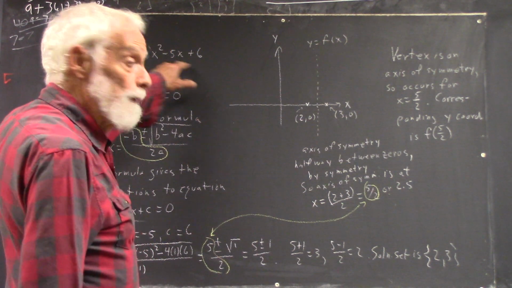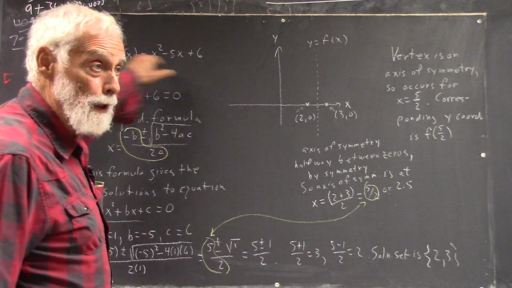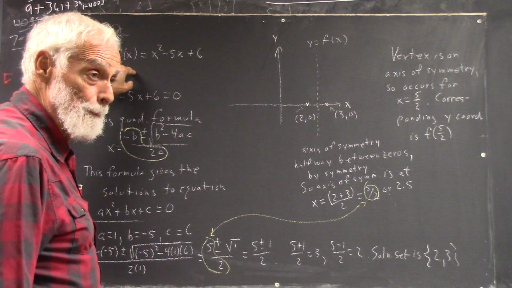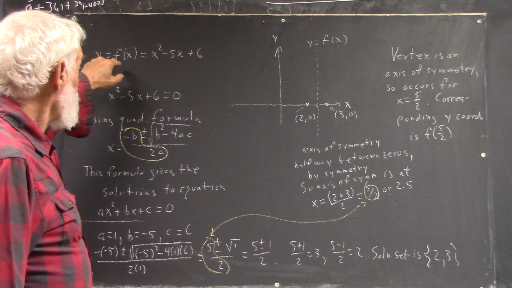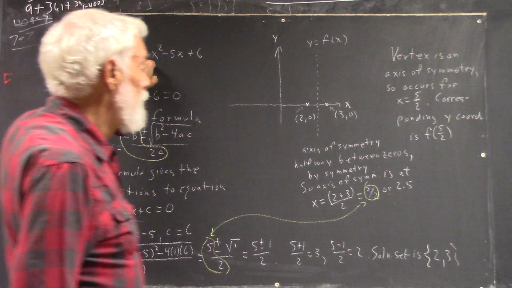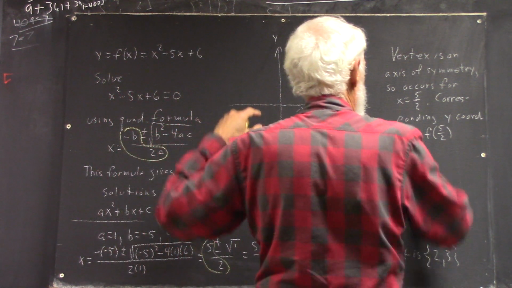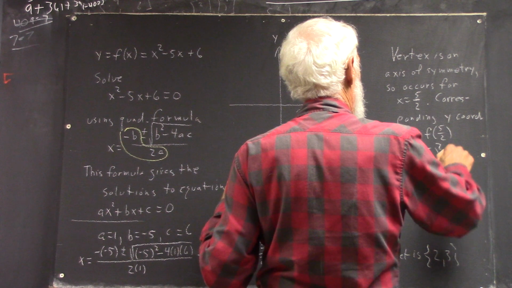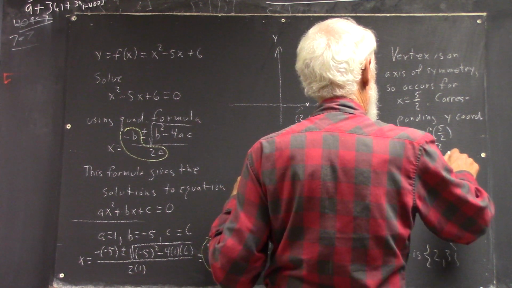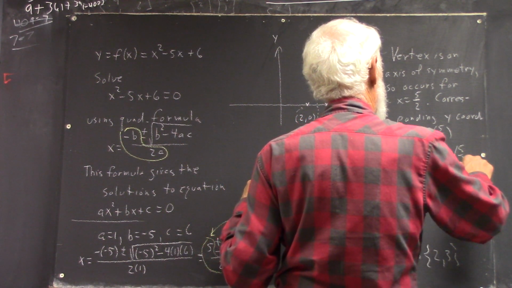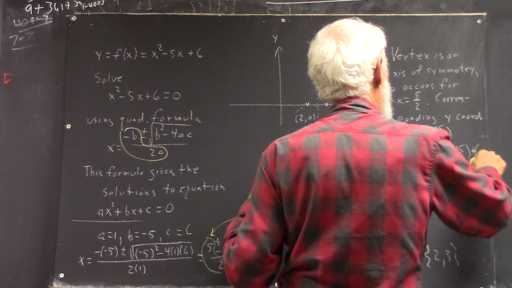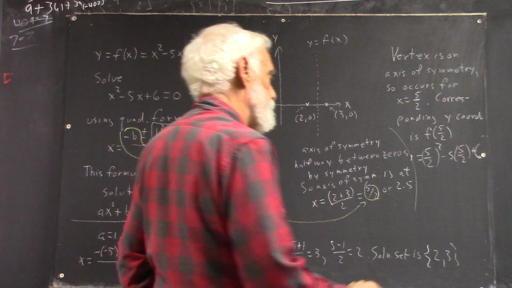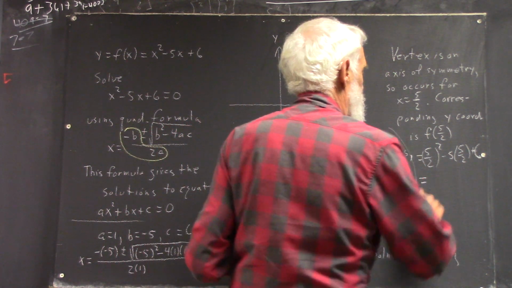You plug 5/2 into this, and that gives you the y coordinate, because that's what y is equal to, right? So y equals f of 5/2, which equals 5/2 squared minus 5 times 5/2 plus 6. Okay?